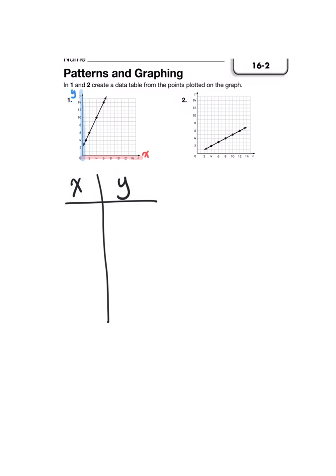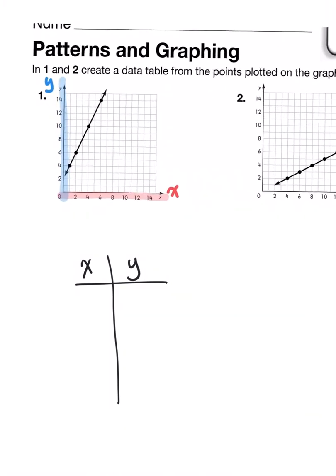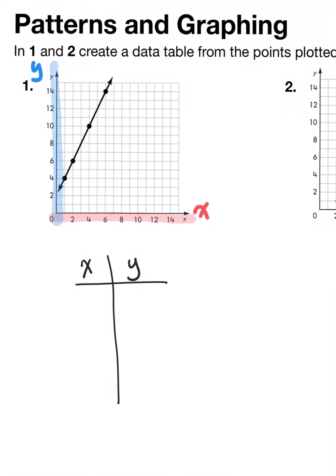Okay, now they're asking us to look at each of these tables and figure out which points are being named and then mark the location in our data table. So for this first point that's right here, I'm going to go over 1 and then up 1, 2, 3, 4.